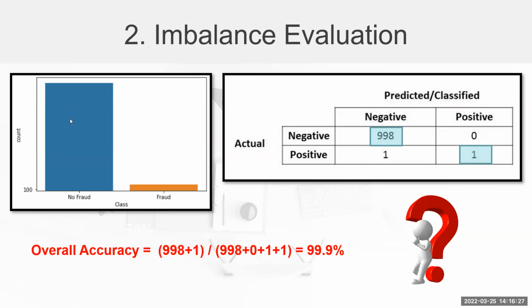How much accuracy can we achieve? If the machine learning predicts the data is no fraud data, it may achieve 99.9% accuracy.